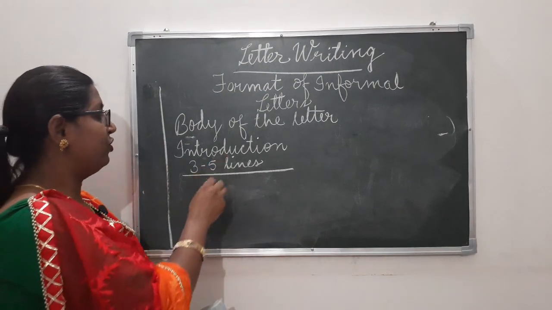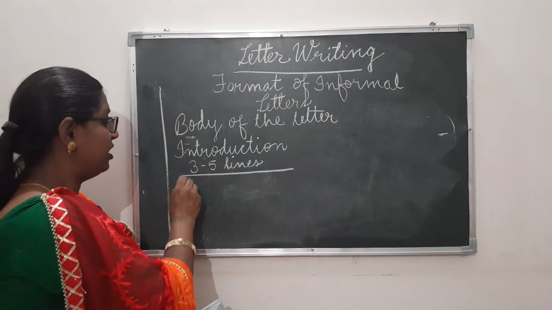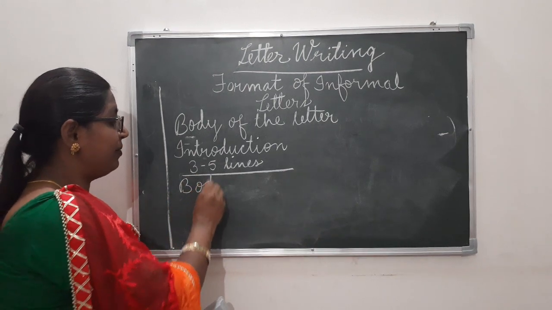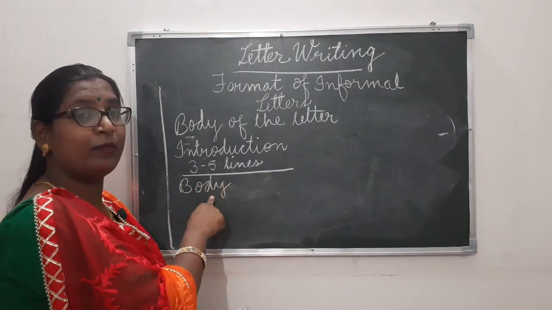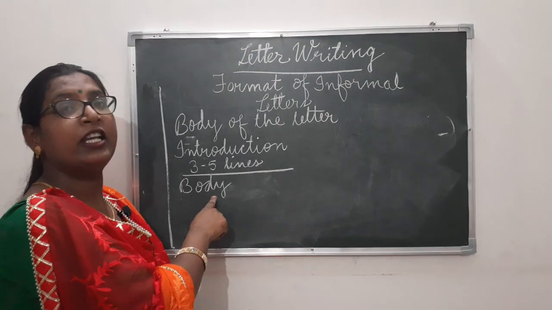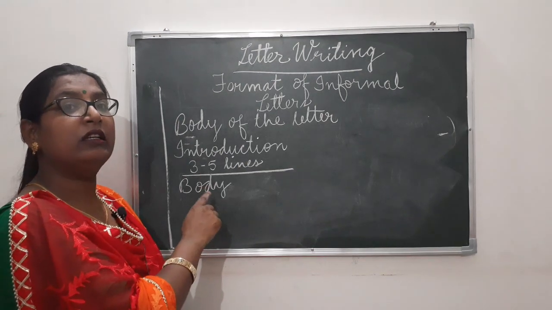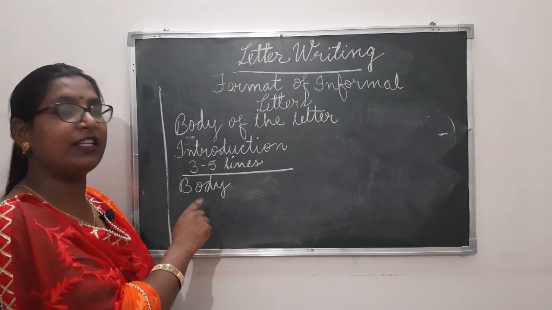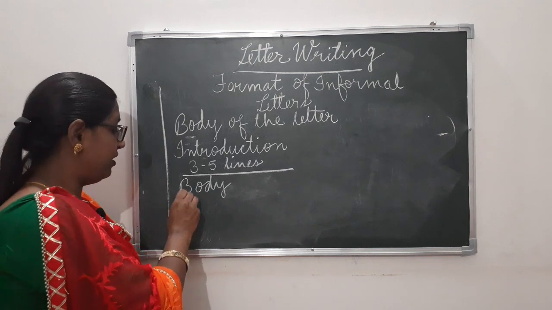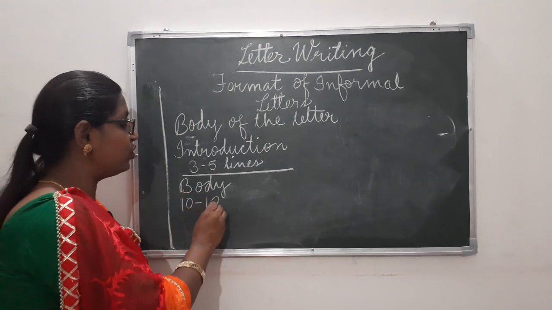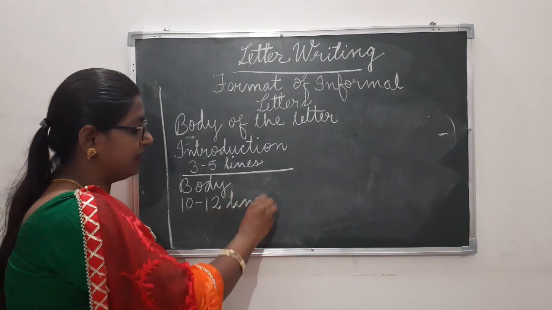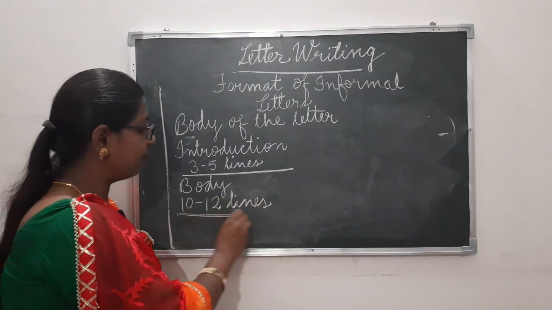And then we write the main paragraph, the second paragraph, which is called the body. In this we mention the main message of the letter. We should write at least 10 to 12 lines in this paragraph.